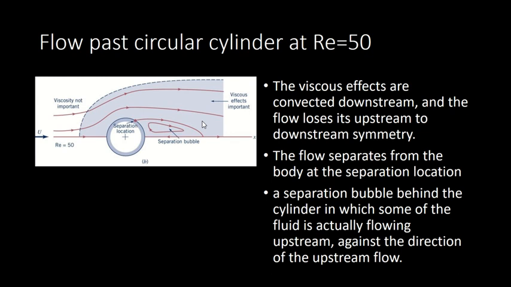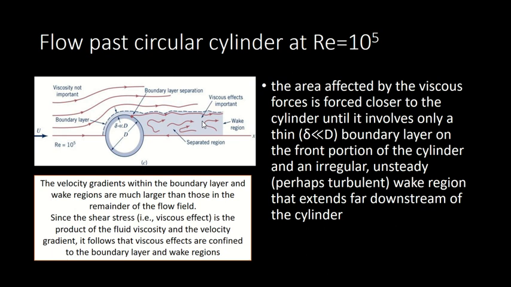But what happens when we increase the Reynolds number to a very high value? Now the Reynolds number is 10 to the power 5. As you can see, in the wake region, the viscous region is very small compared to Reynolds number 50 and Reynolds number 0.1.